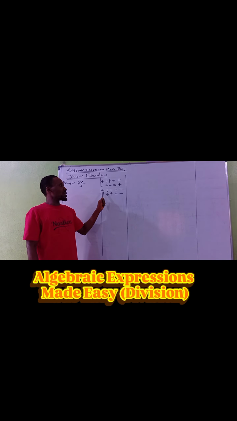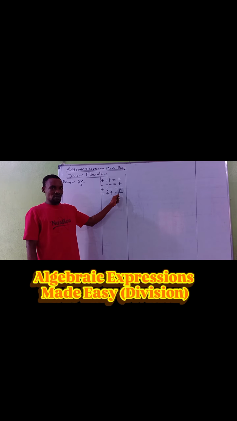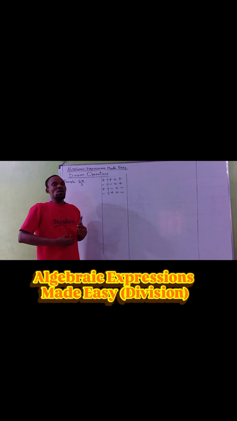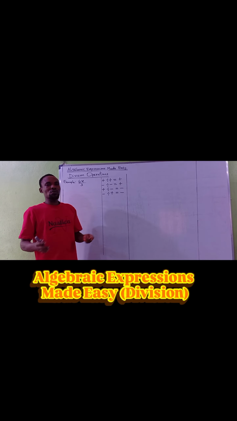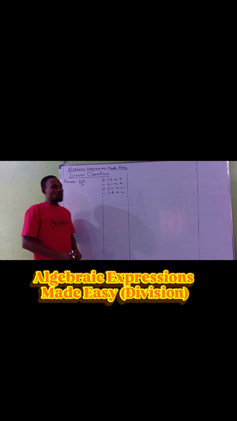But once the signs are different, plus, minus, dividing, it will be negative. Again, once the signs are different, it will be negative. So, how do you remember? All the rules that apply to multiplication are the same for what? Division.